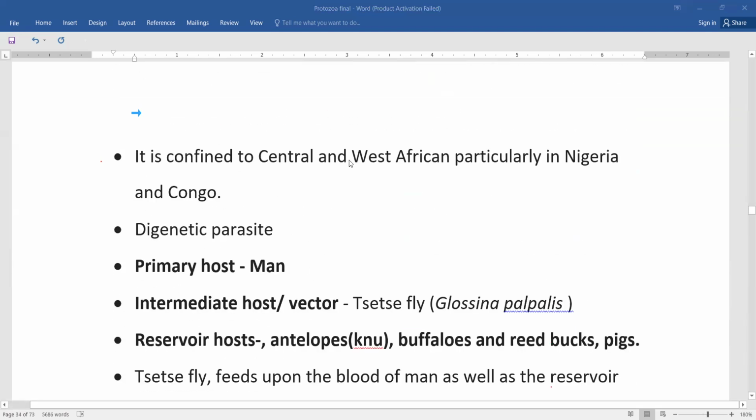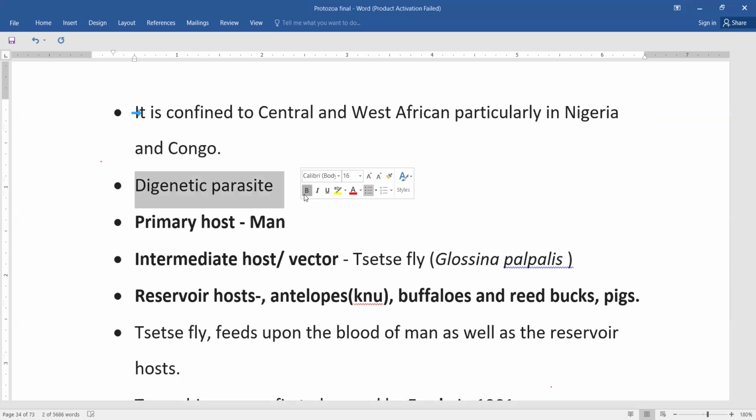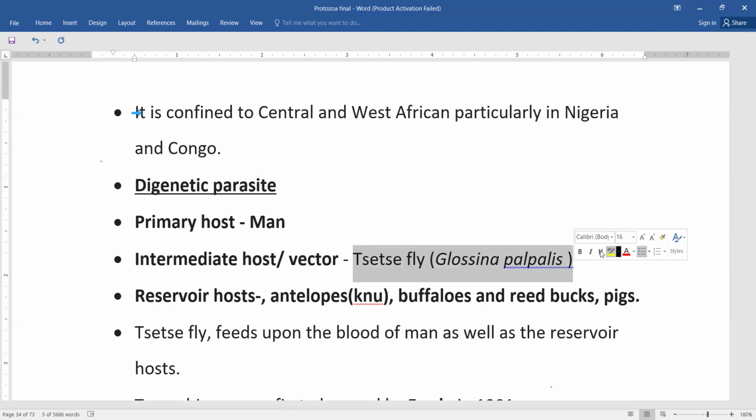It is confined to Central and West Africa, particularly Nigeria and Congo, and it is a digenetic parasite. That means two hosts are present. The primary host is man, and the secondary host or vector is very, very important. It was asked many times in zoology examinations. The tsetse fly.